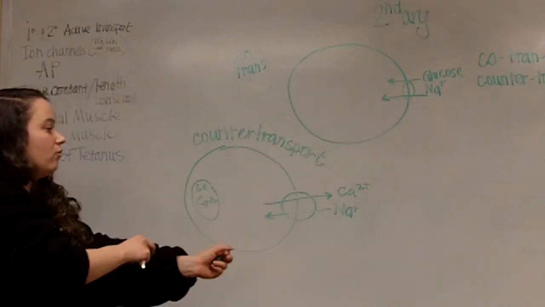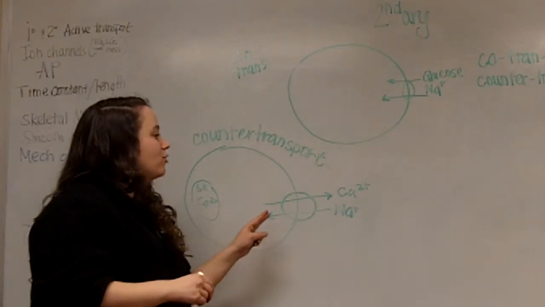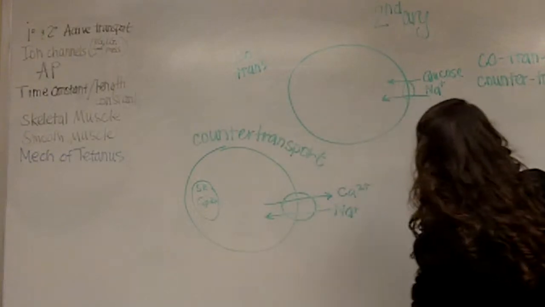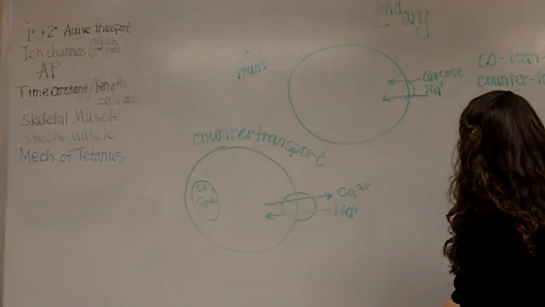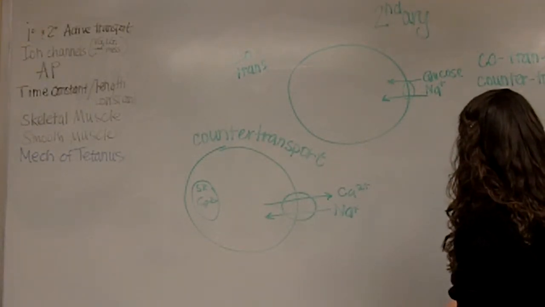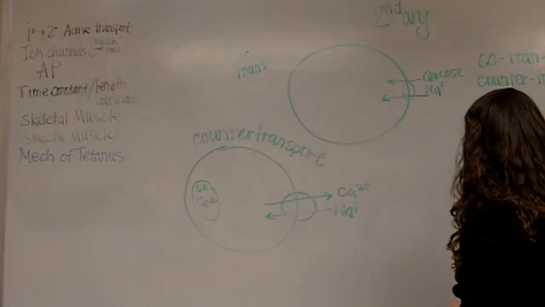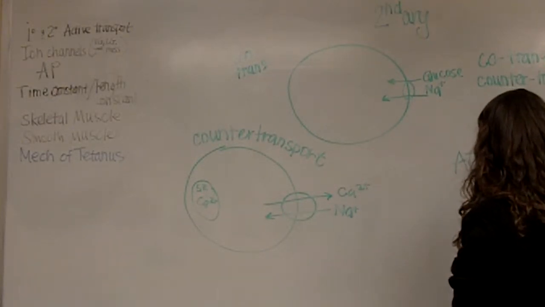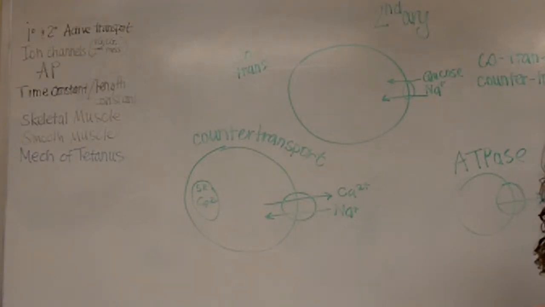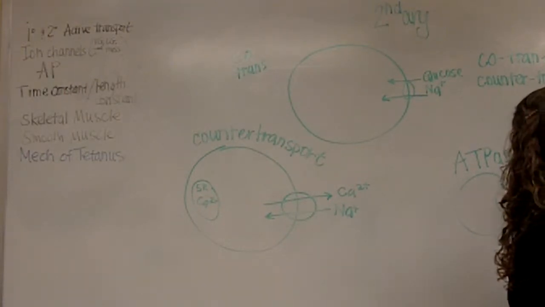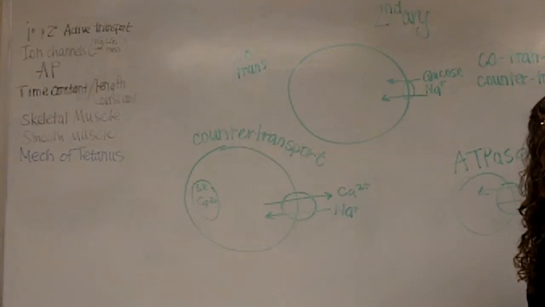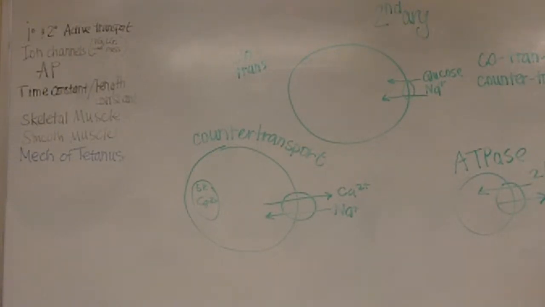Can you say it again? Okay, so when you have your ATPase, it works on the cell by forcing 3 sodiums out and taking 2 potassiums in. It's sending more sodium out than it's bringing potassium in.